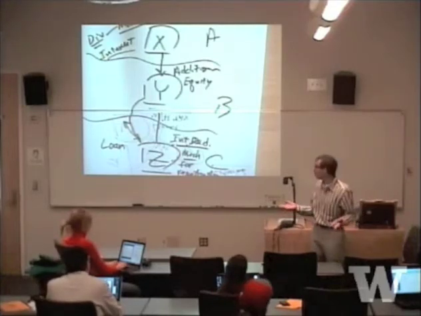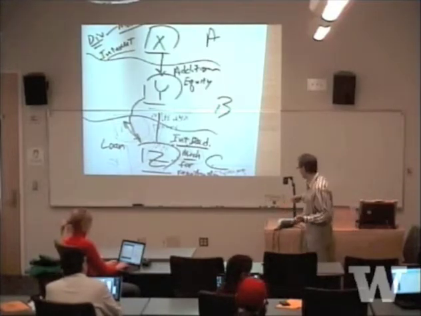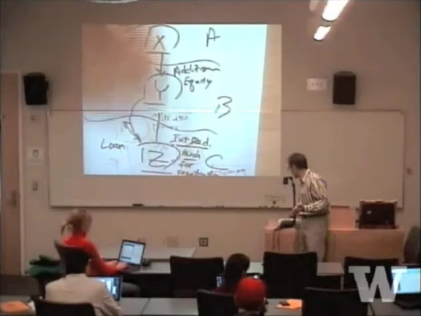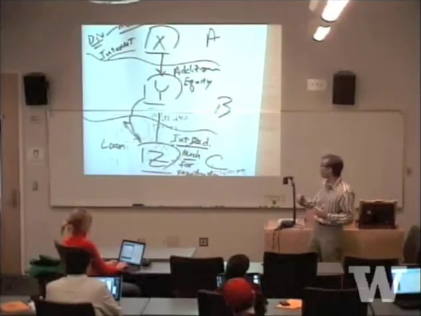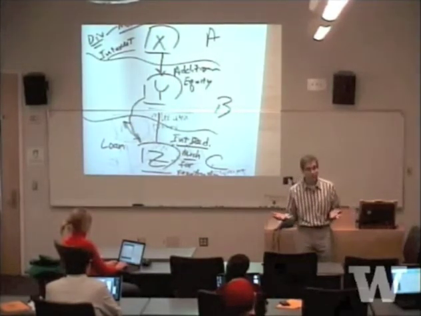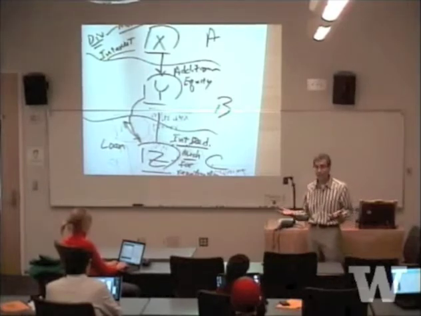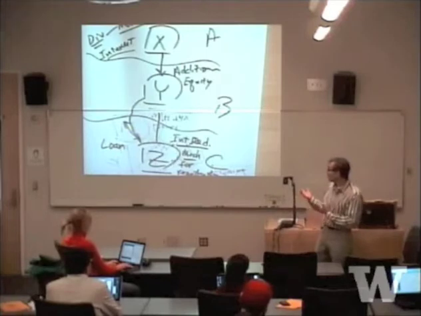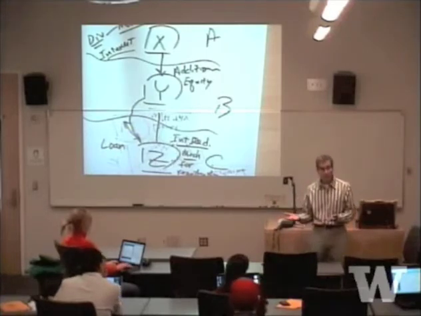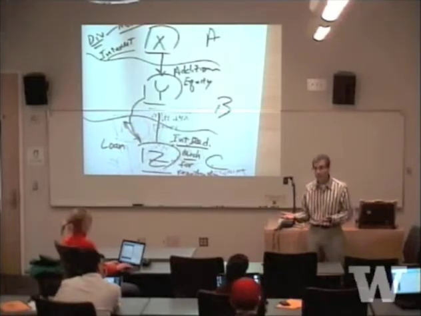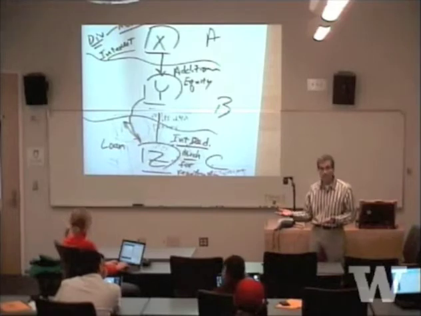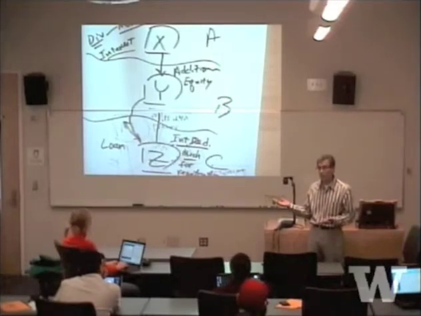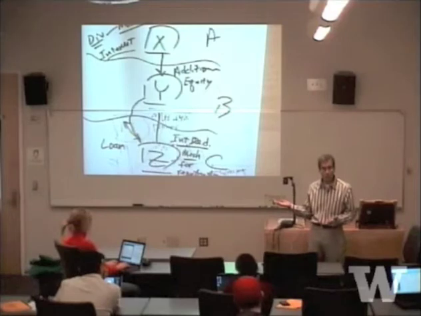The same could be true if X, for example, were to transfer technology to Y, the ownership of technology. And now Y licenses that technology to Z. Z pays royalties. Those royalties are transformed into dividends.